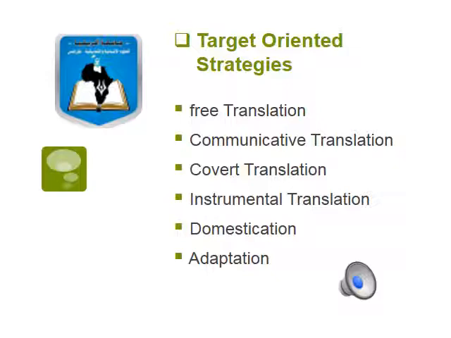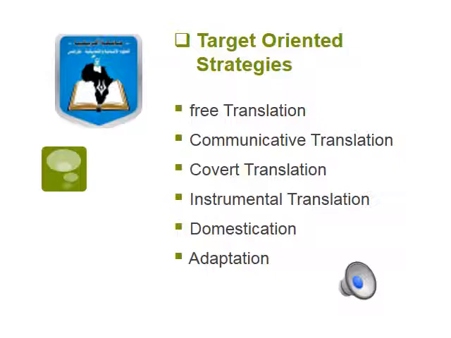And what is it? It's a strategy which is more concerned with creating a target text that sounds natural in the target language than with conforming to source text elements and structure. This definition is according to Munday in his 2009. In other words, في كلمات أخرى خلينا نعرف الترجمة الحرة.